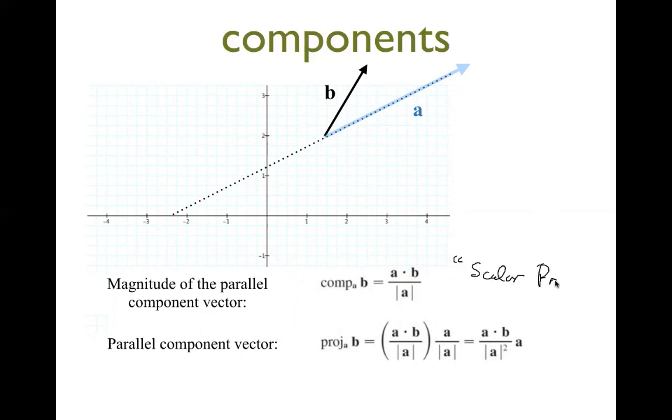It's just how far it is from here to here. That's the scalar projection. And then the vector projection is the parallel component vector. It's actually that vector. We get it from the unit vector of A scaled by the amount of the scalar projection. That gives us the vector projection.